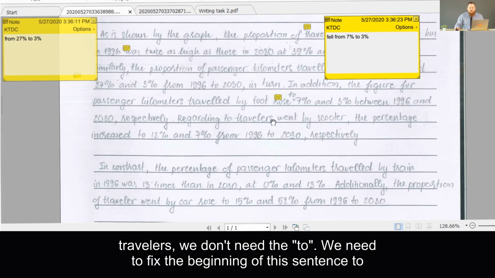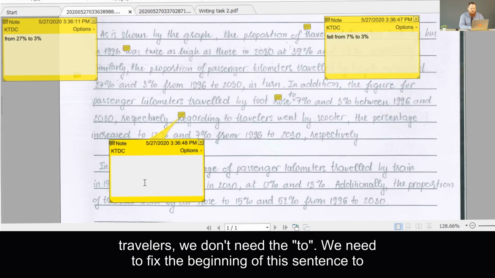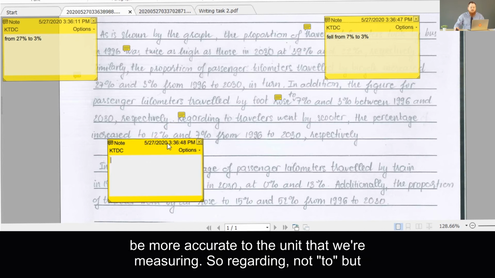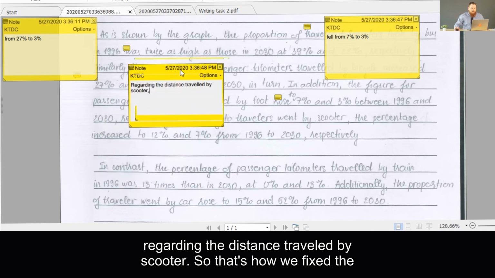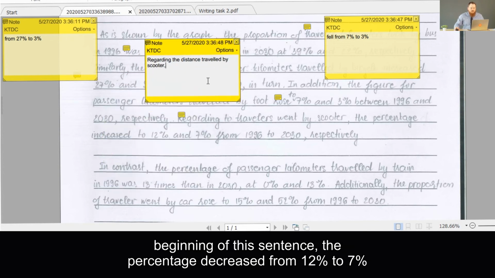Regarding "two travelers", we don't need the "two". We need to fix the beginning of this sentence to be more accurate to the unit that we're measuring. So "regarding", not "to", but "regarding the distance traveled by scooter." So that's how we fix the beginning of this sentence.